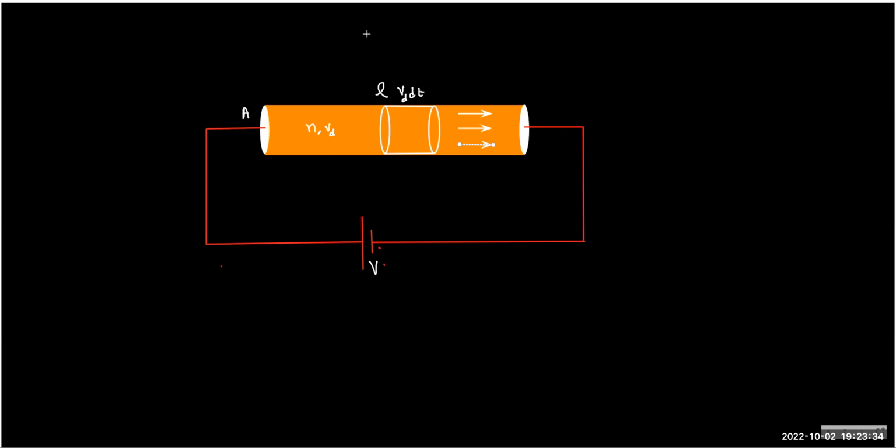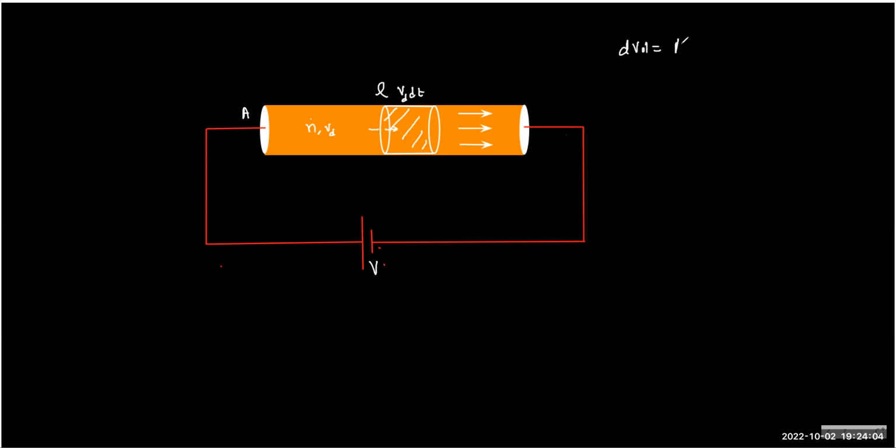So to calculate how many electrons have crossed this cross section, we just need to know this volume, and n is the concentration, so we can get the exact number of charges crossing this area, and then we can find the current easily. So tell me, guys, first of all, what is the volume shift in time dt?